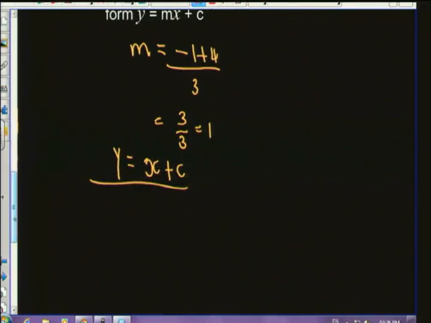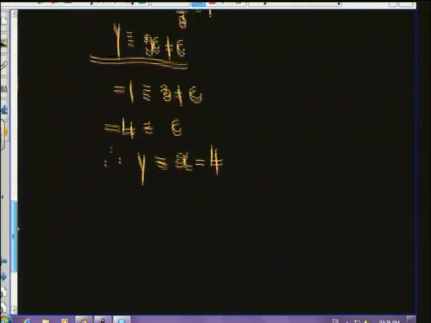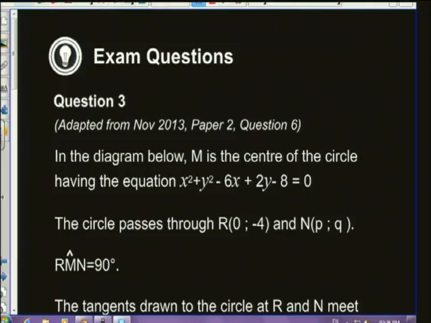That's fine. So negative 1 is equal to 3 plus c. So it means that my c is equal to negative 1 minus 3, which is negative 4. Right, so therefore, the equation is y is equal to x minus 4. That's the equation of line MR. Moving right along.